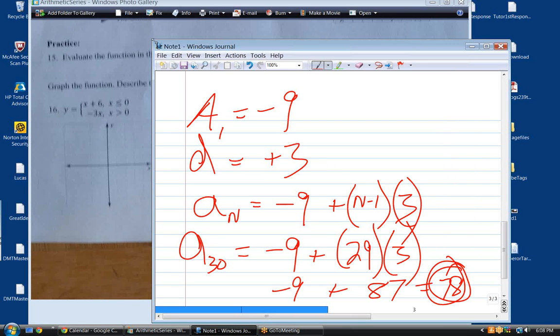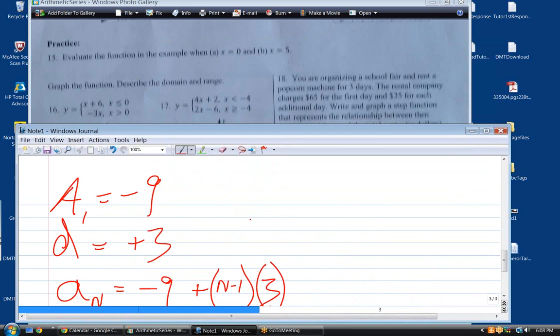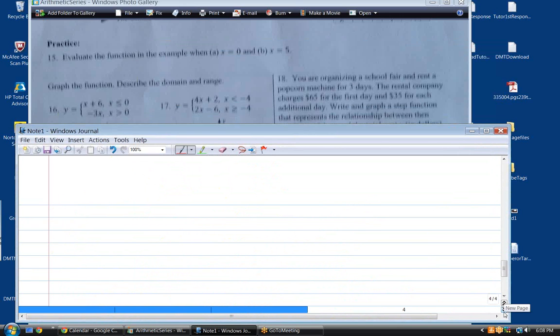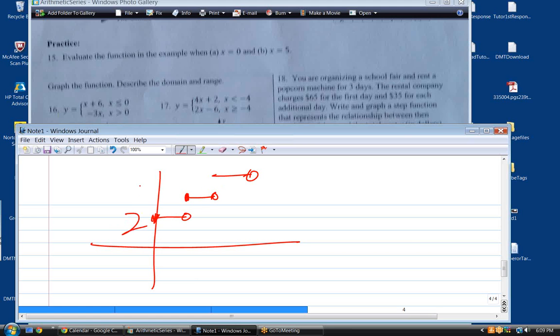All of the piecewise functions we covered, almost all of them, were horizontal lines. They were step functions. Either it was closed and open or open and closed, okay?